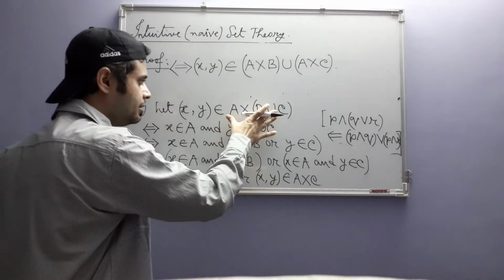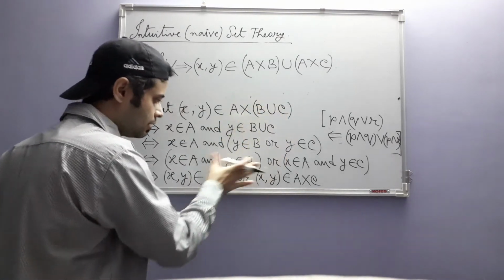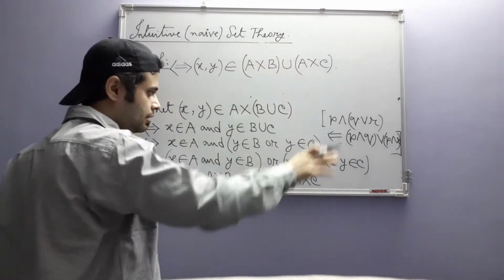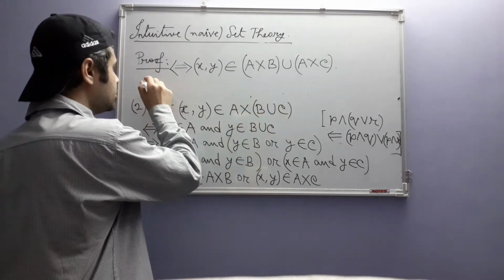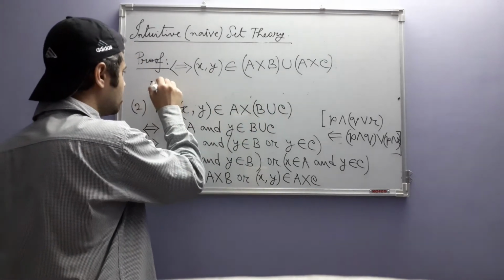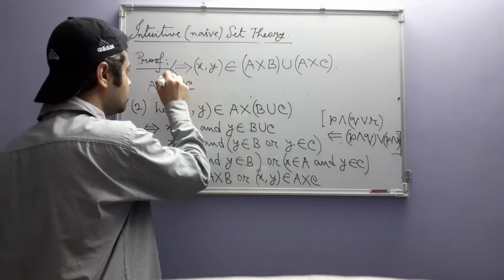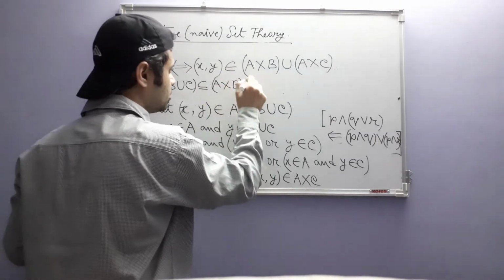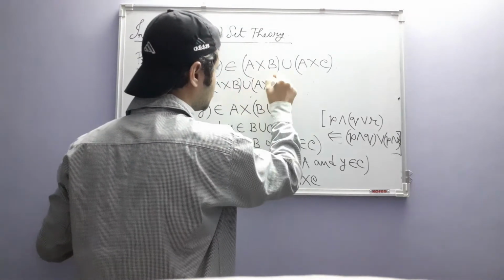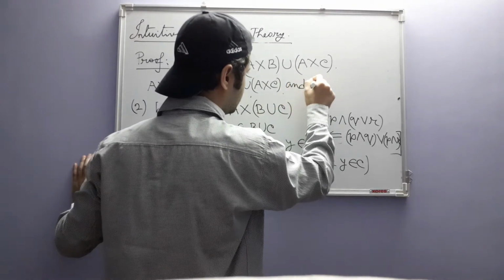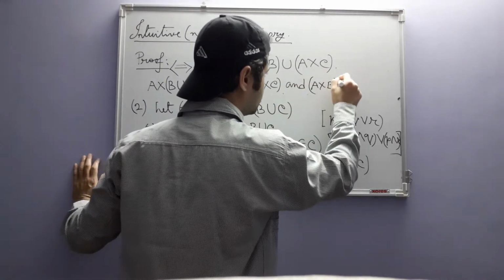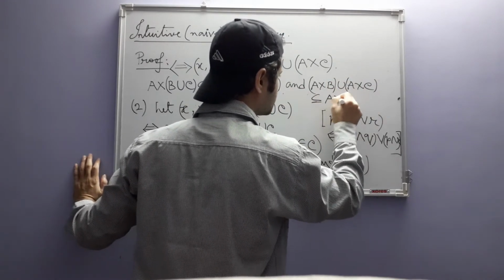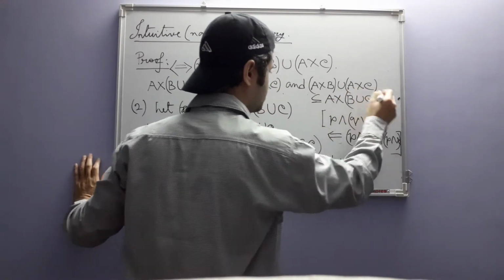So what have we achieved here? We have shown that any element in this set is again in this set, and at the same time any element in this set is again in this set, which just tells you that A cross (B union C) is a subset of (A cross B) union (A cross C), and (A cross B) union (A cross C) is a subset of A cross (B union C).